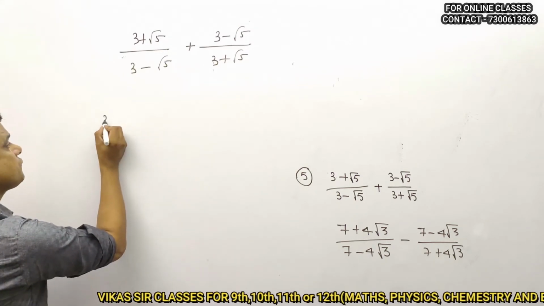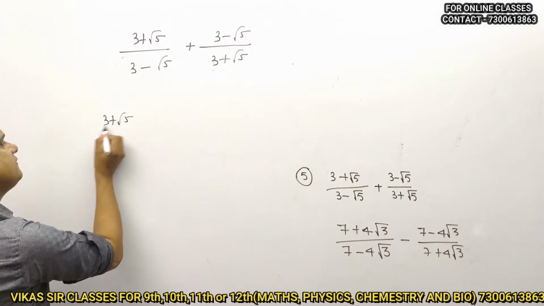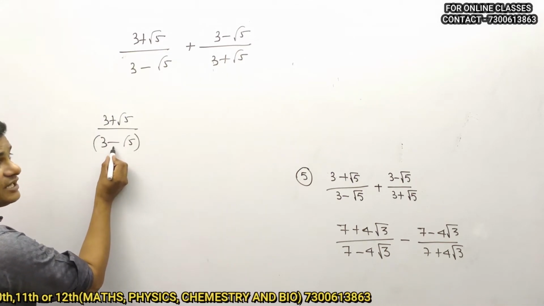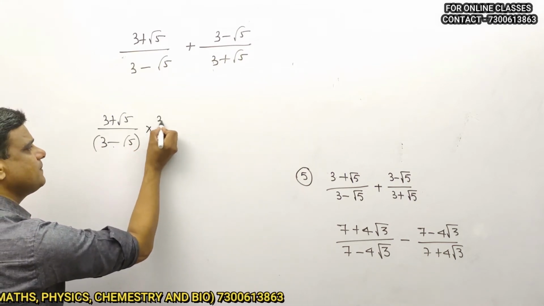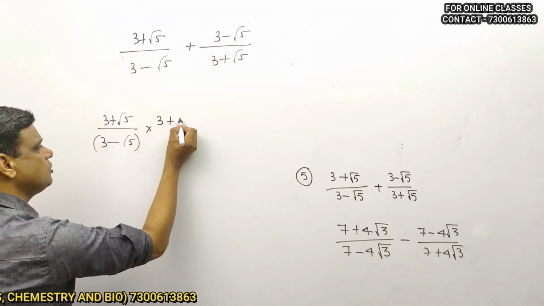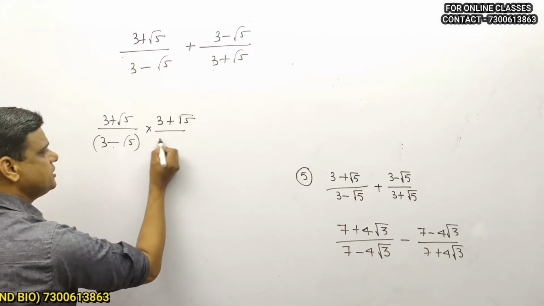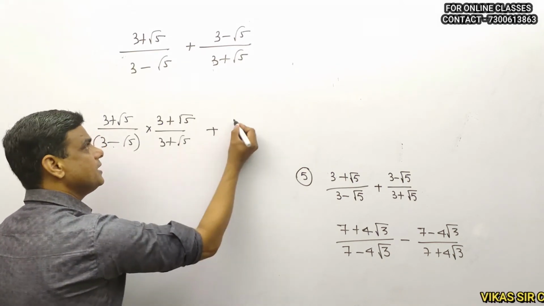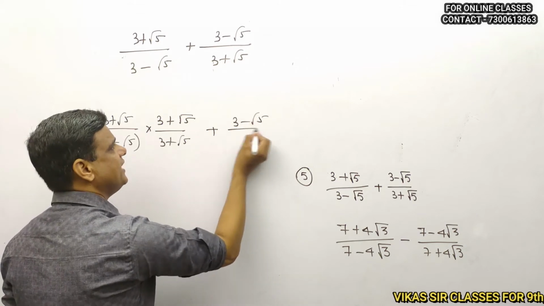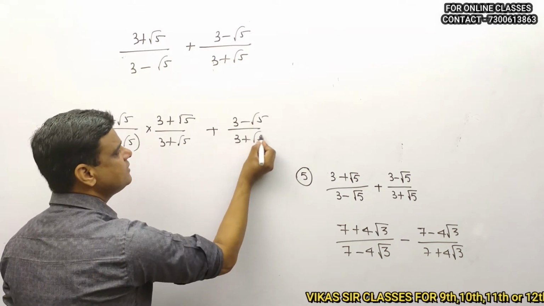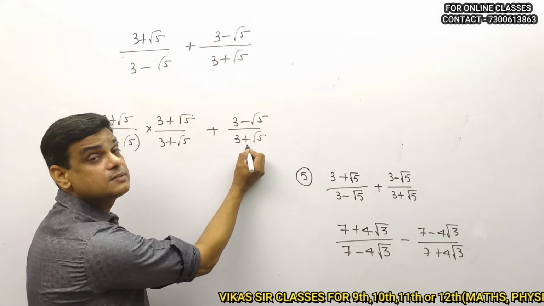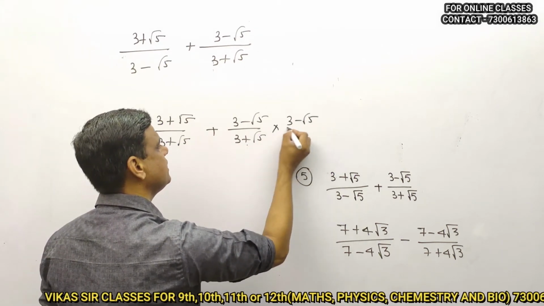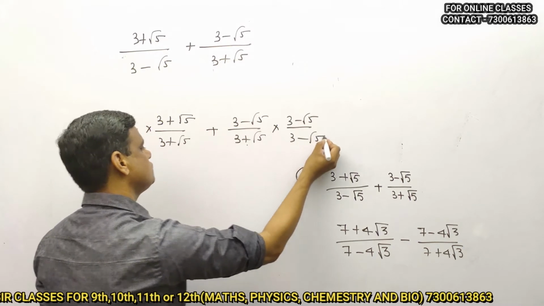Let's see. (3 plus root 5) upon (3 minus root 5). Here the sign is minus, so we will multiply the numerator and denominator by 3 plus root 5. Plus (3 minus root 5) upon (3 plus root 5). Here the sign is plus, so we will multiply the numerator and denominator by 3 minus root 5.